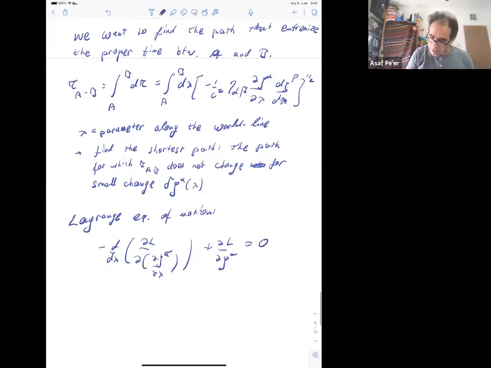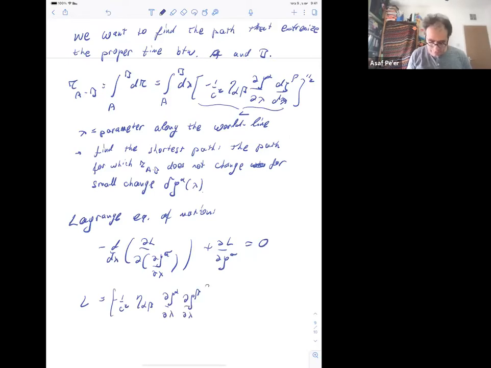And this is really the Lagrangian. So L is just minus 1 over c squared, eta alpha beta d psi alpha over d lambda, d psi beta over d lambda, to the power 1/2.